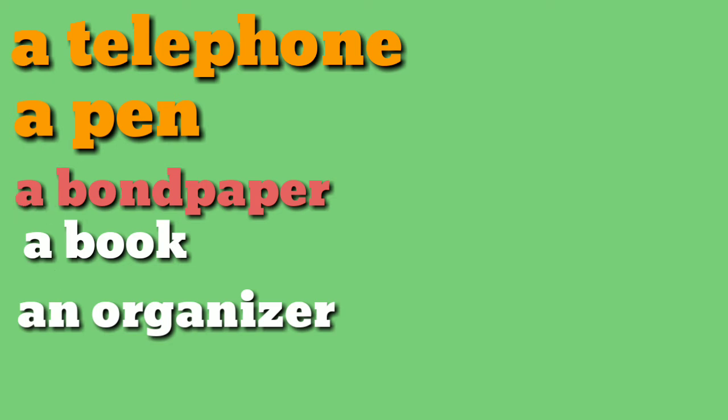As what we observe from the picture given, we observe that a is used before words that start with a consonant letter, while an is used before a word when it starts with a vowel letter.